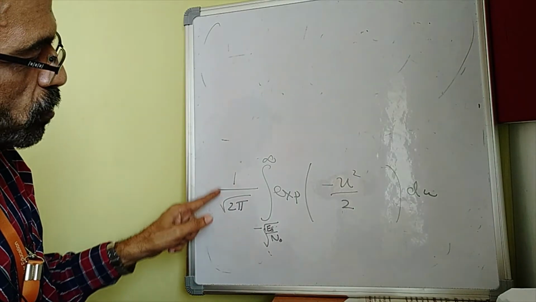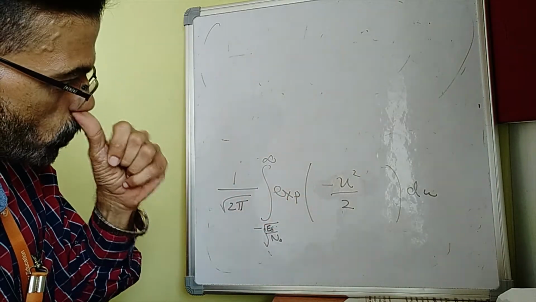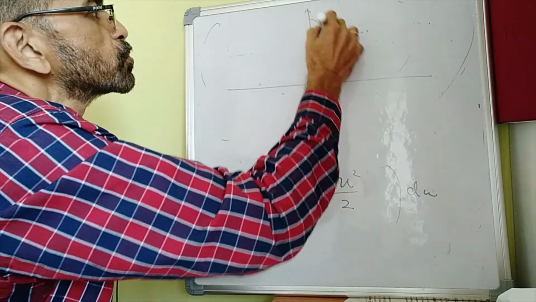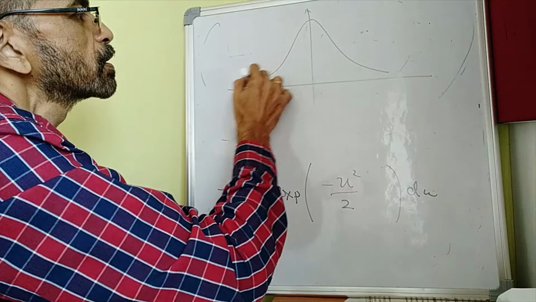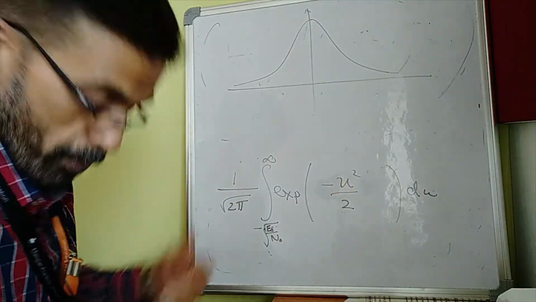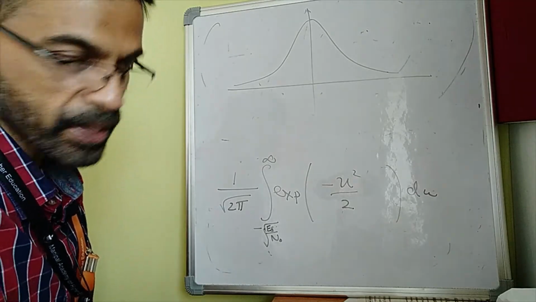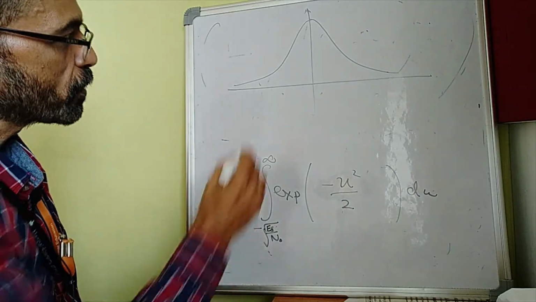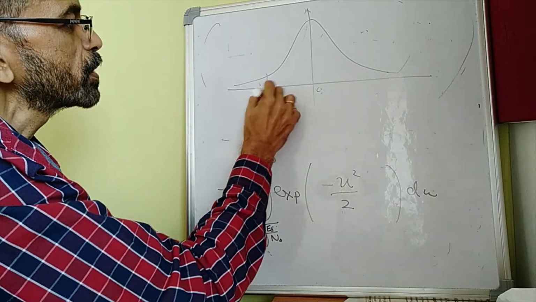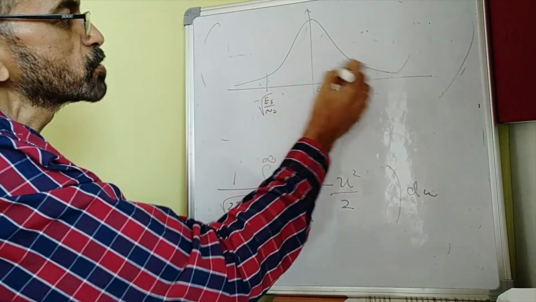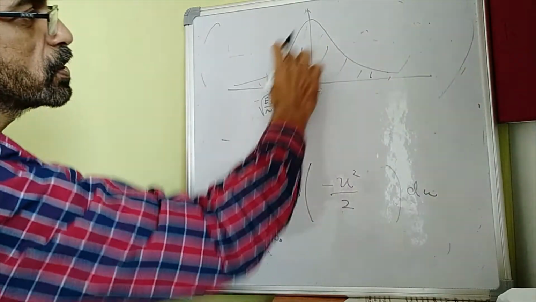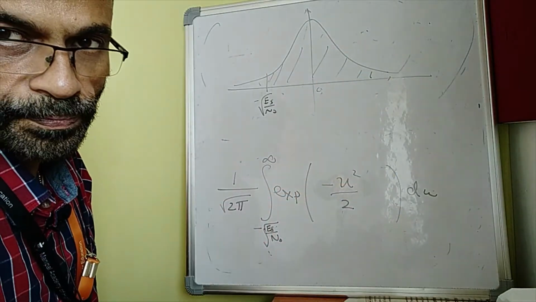You see that this is actually 1 by root of 2 pi e power minus u square by 2, which is nothing but the distribution of a zero mean Gaussian random variable of mean 0 and variance 1. And you are integrating this from minus root Es by N naught to infinity. This is the area which you are calculating here.